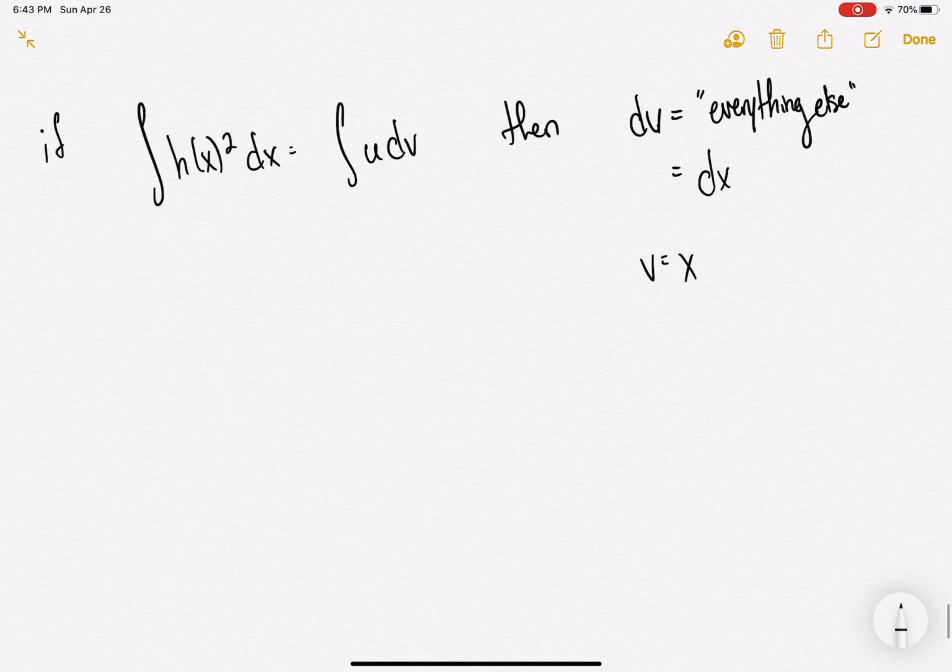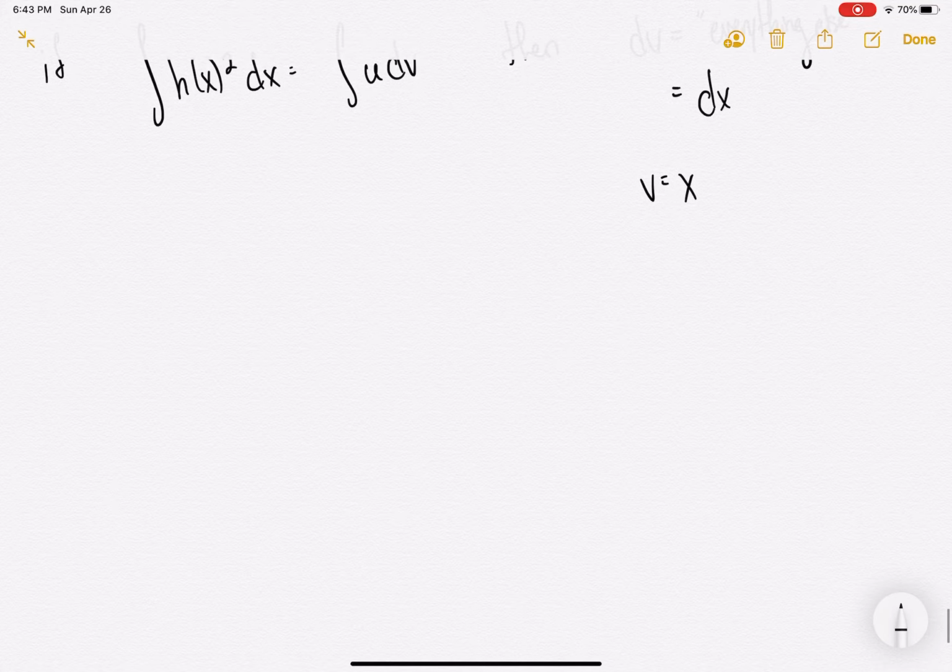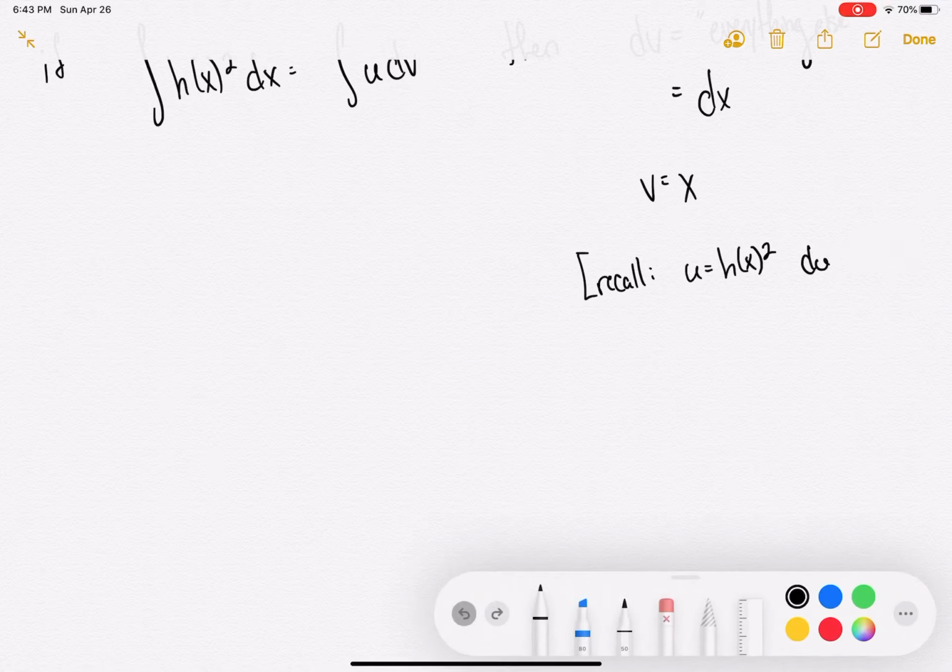We have u equals, and recall, u equals h of x squared, du equals 2 h of x h prime of x dx.